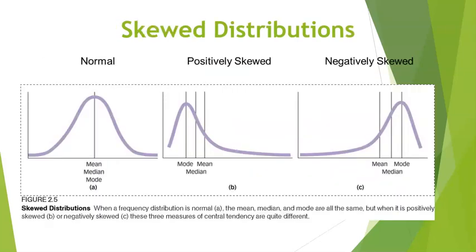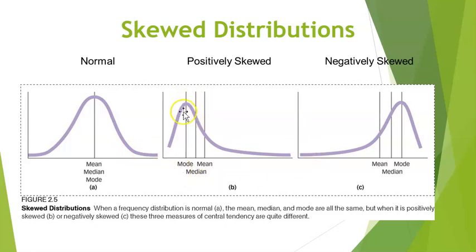So I kind of addressed this a little bit, but other than a normal distribution, we have what's called a skewed distribution. If it's not perfectly symmetrical, then the only other option is that it's skewed. And what skewed means is that one side of the distribution is kind of pulled to the side.